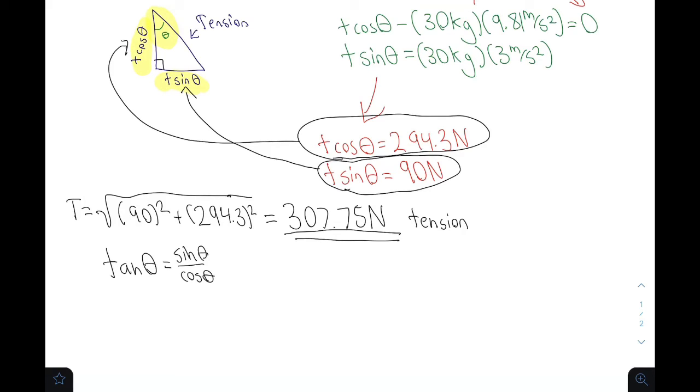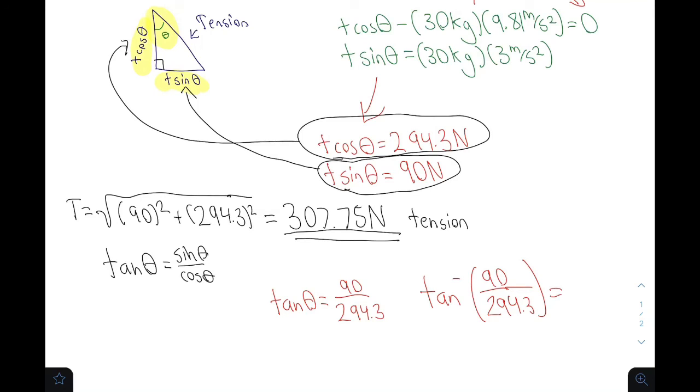And we can just see that tan theta is equal to 90 over 294.3. And then to find the angle, we just take the inverse. And that will give us an angle of 17 degrees.